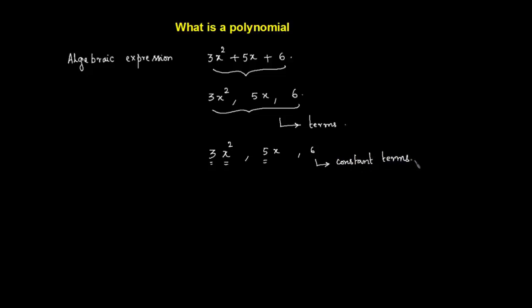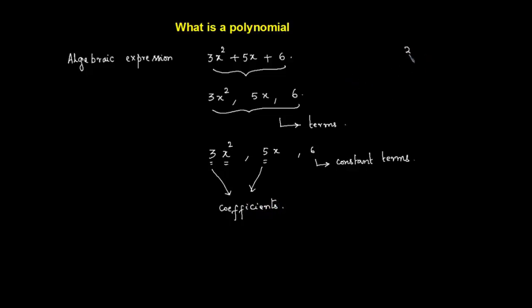So this particular algebraic expression has three terms, and these terms have coefficients attached to each of these. So 3 and 5 are coefficients, and these are some things which you have already learnt in your earlier classes.